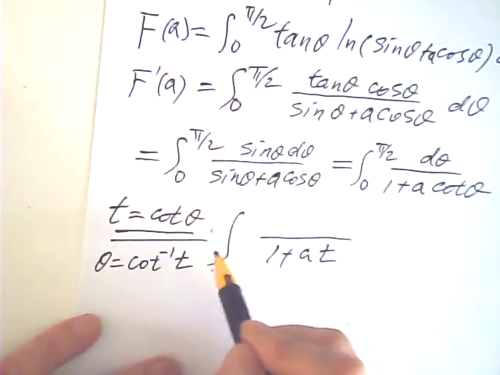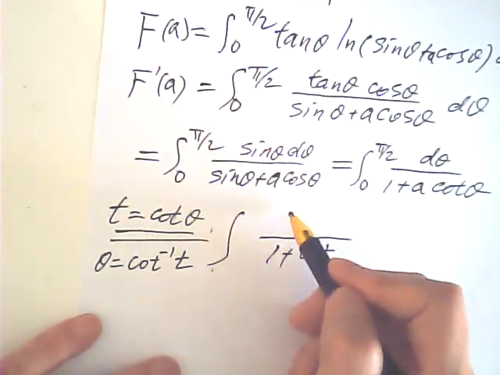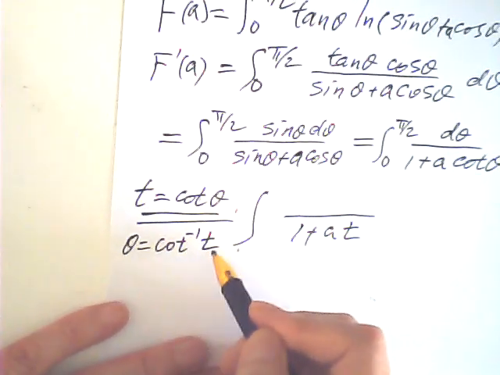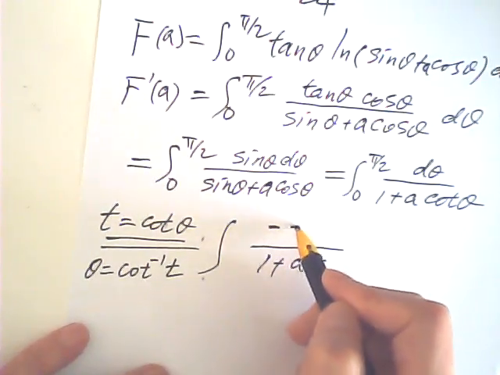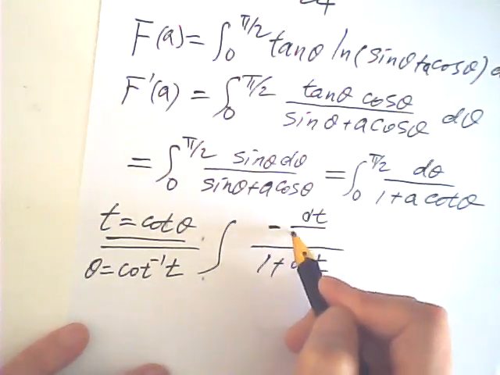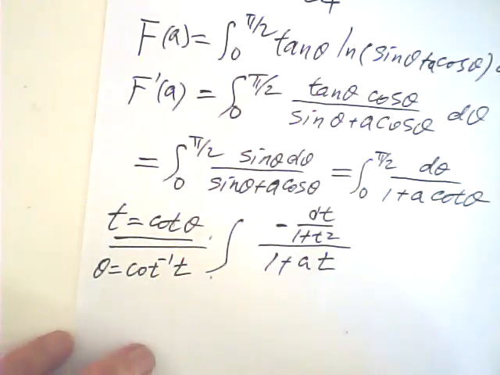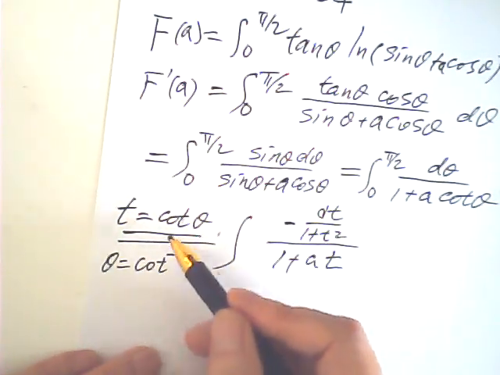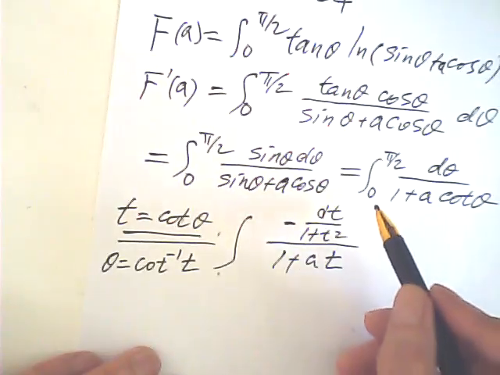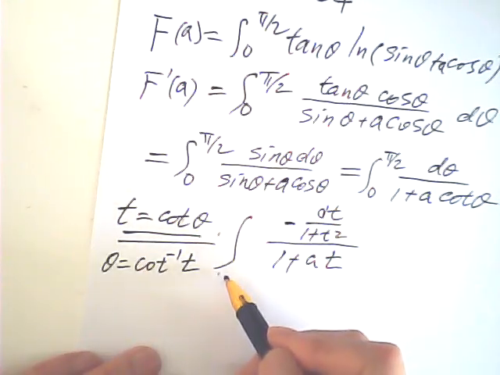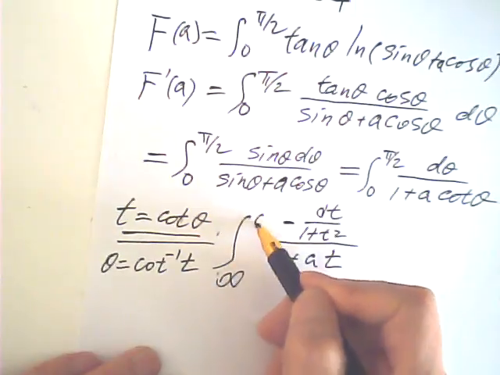And d theta will be d arc cotangent t, which is equal to negative dt over 1 plus t squared. Right? And the boundary has changed from 0 to half pi, to infinity to 0.